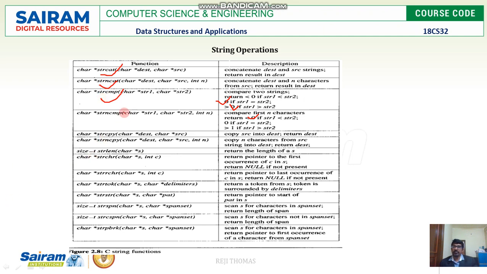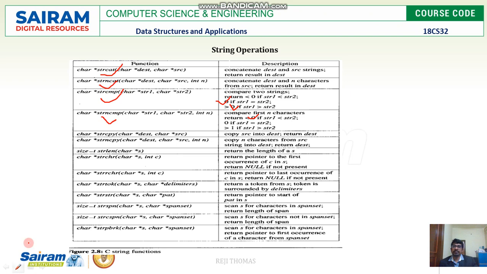Same way we have another function called strncmp, which is going to compare the first n characters. Think that you have two strings. The first string has 100 characters, the second string has 200 characters. You want to compare only the first 10 characters in both strings. This function is going to help you out.